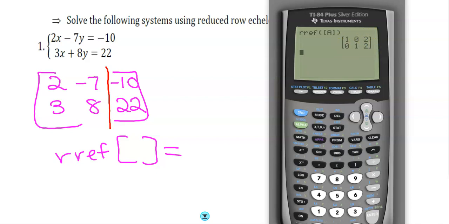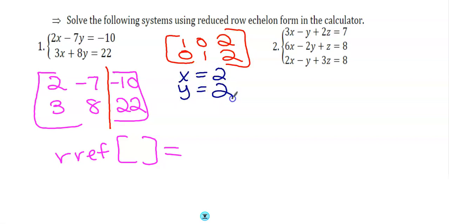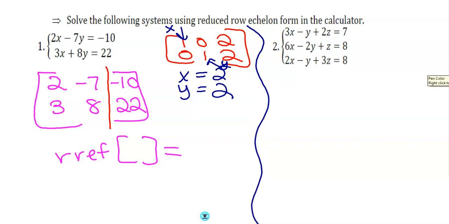So 1, 0, 2 is what I got as my answer, and then 0, 1, 2. So it's like I'm getting a clue. This means that X equals 2 and Y equals 2. This is my placeholder for my X, and this is my placeholder for my Y. That's how the calculator codes it out and lets you know what those values are for X and Y.